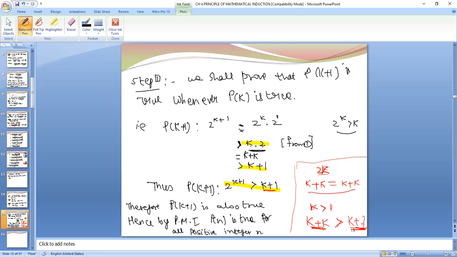So adding k to both sides, k plus k will be greater than k plus 1. So thus P(k+1), 2 raised to power k plus 1, is greater than k plus 1. P(k+1) is also true, hence by principle of mathematical induction, P(n) is true for all positive integers n, right?